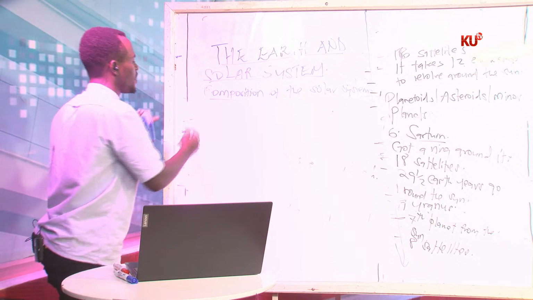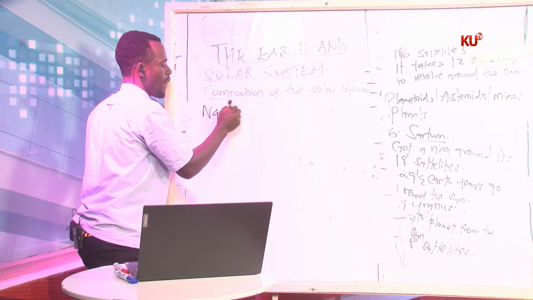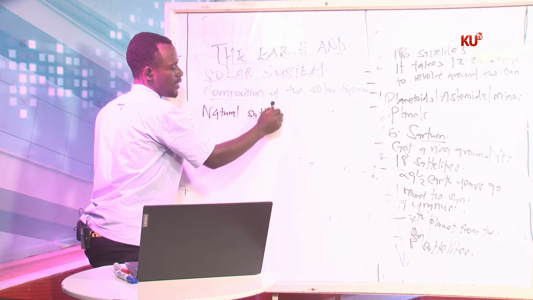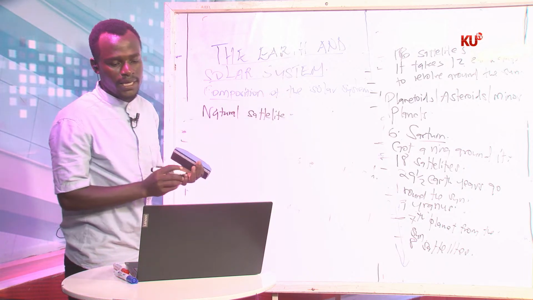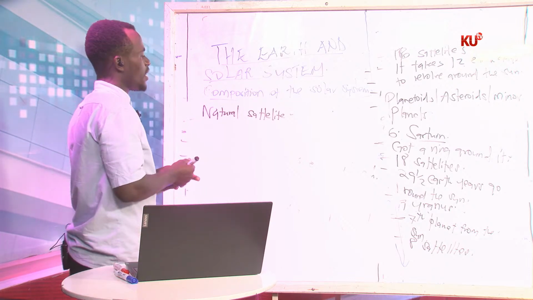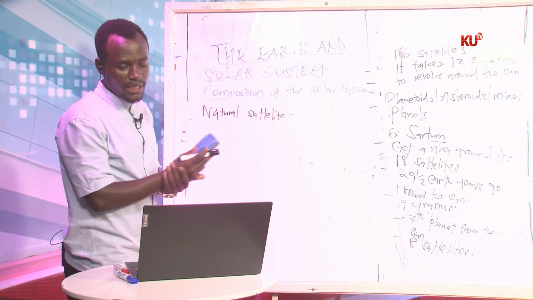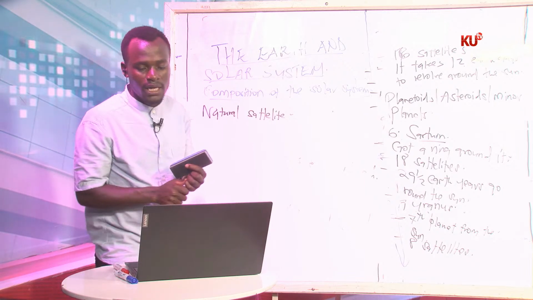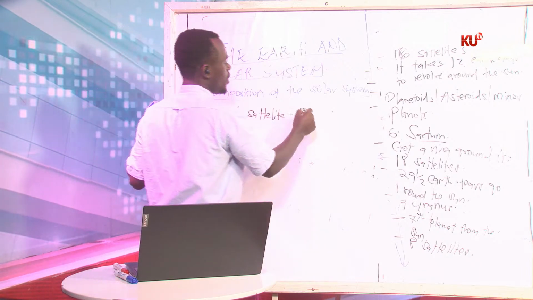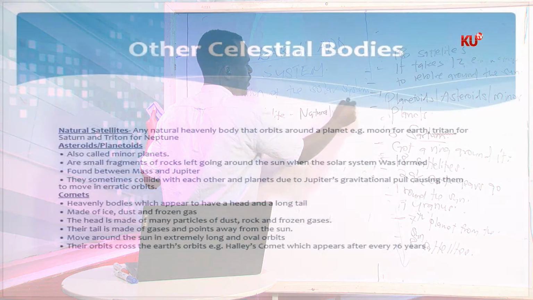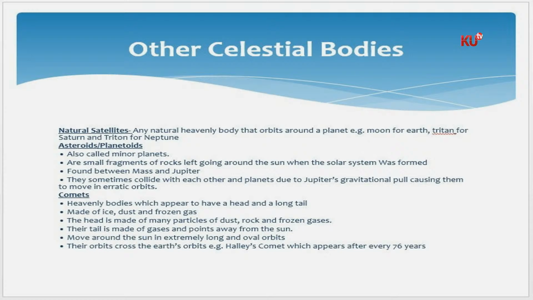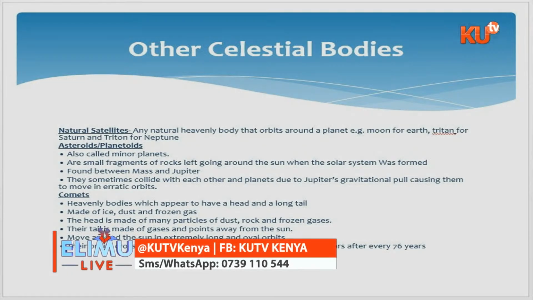A natural satellite is a natural heavenly body orbiting around a planet.